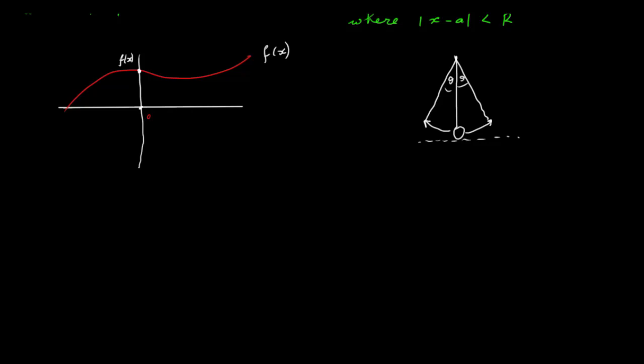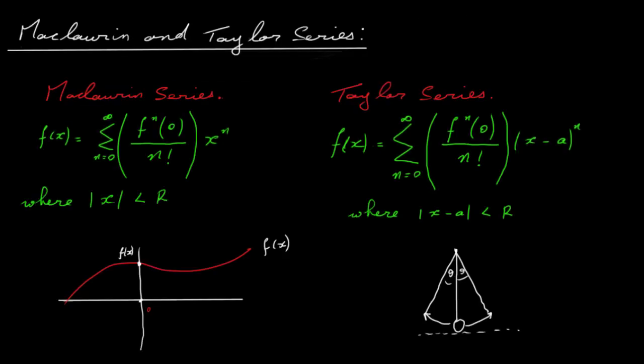That's what our Maclaurin series will actually do. The other thing to remember is that your function must be infinitely differentiable. You can see here that we're using differentiation, where n goes from 0 to infinity. So the function must be able to be differentiated an infinite number of times in both cases.